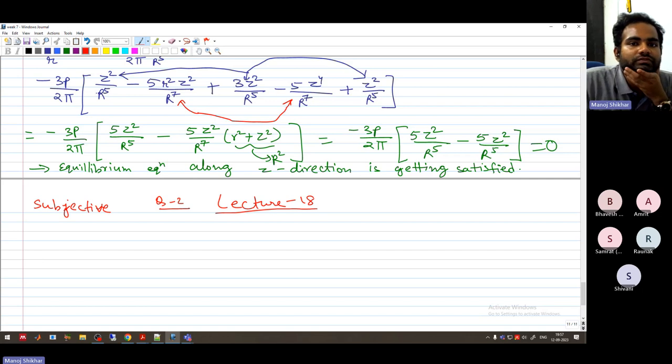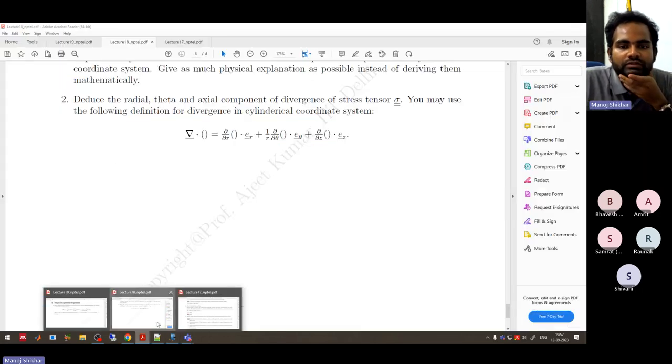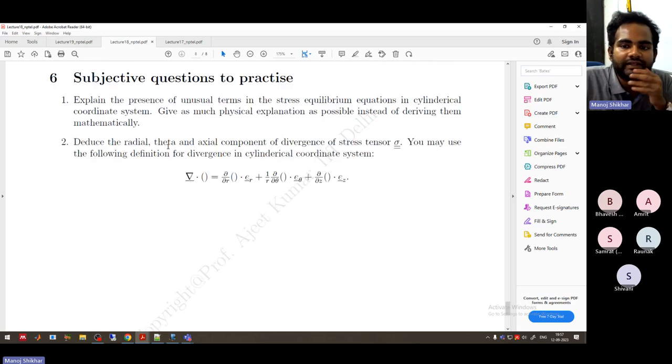Where was I? So they're telling us to deduce the radial, theta and axial components of the divergence of the stress tensor. You may use the following definition of divergence in the cylindrical coordinate system.